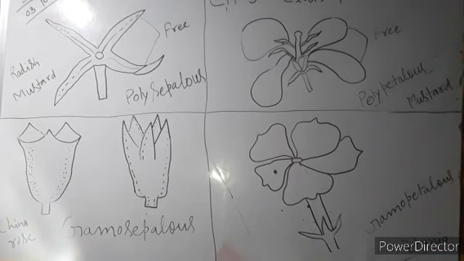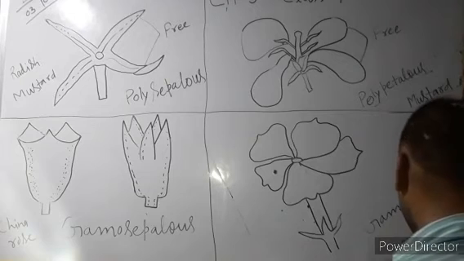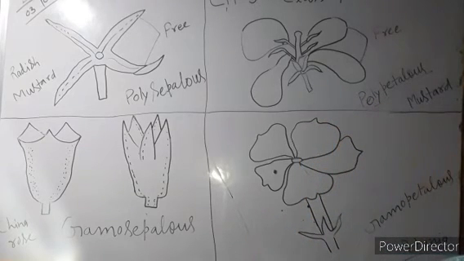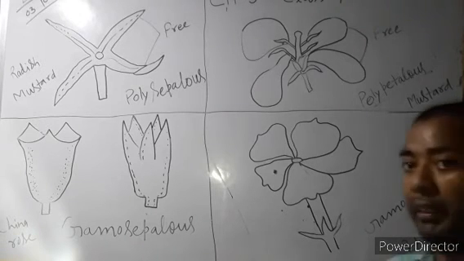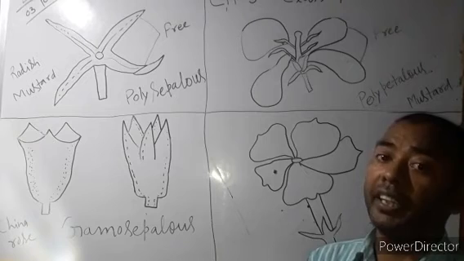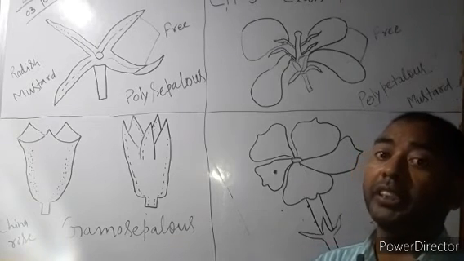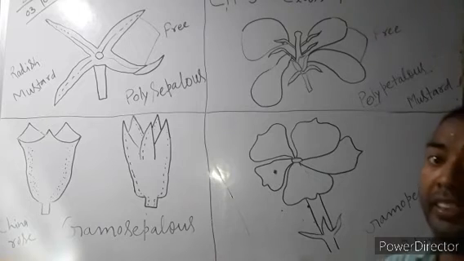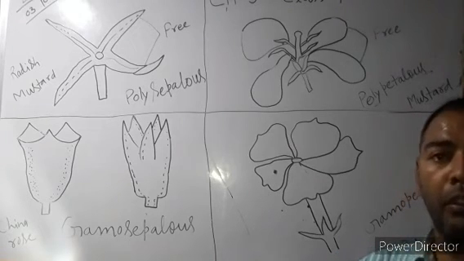Okay, in some plants the petals already have some smell. When we touch the petals, they have a sweet smell, for attracting insects for pollination.